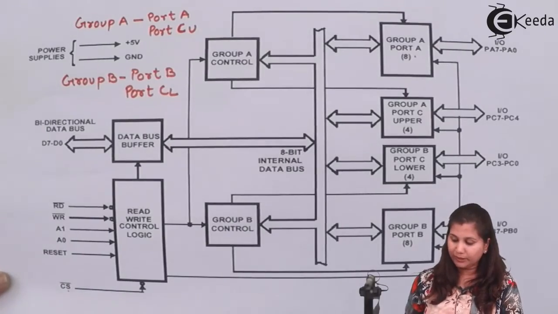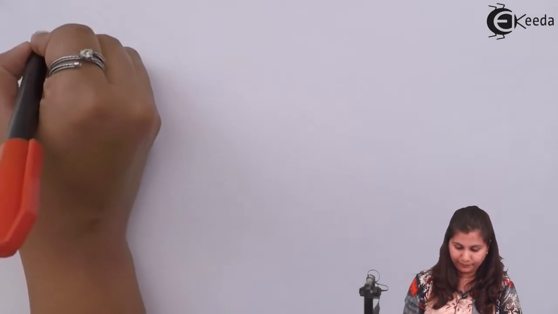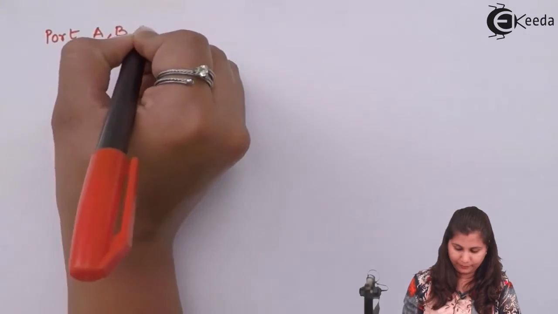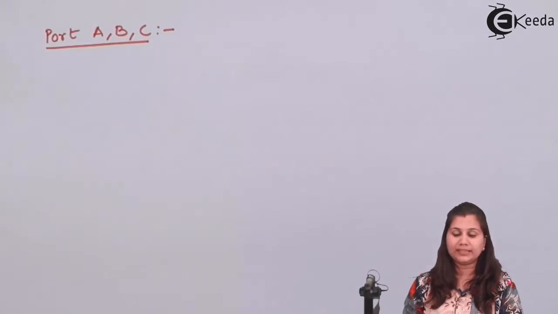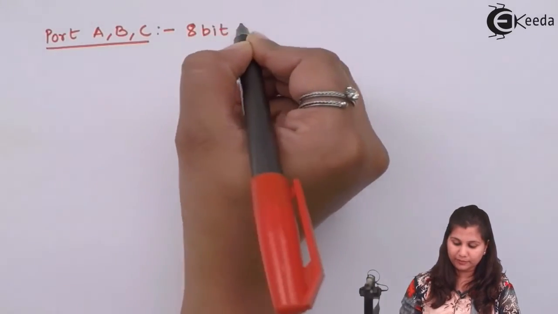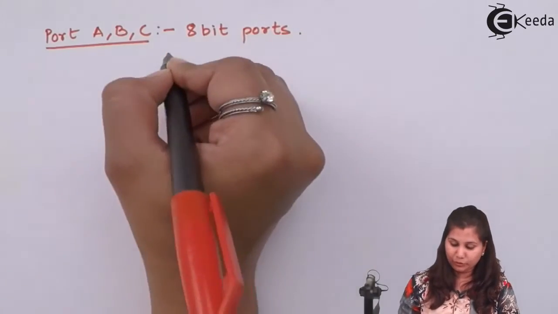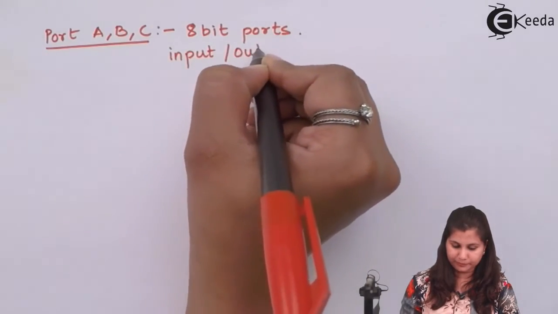We will start with ports A, B and C. As we have studied earlier, these ports are 8-bit ports and they can be used as either input port or output port.